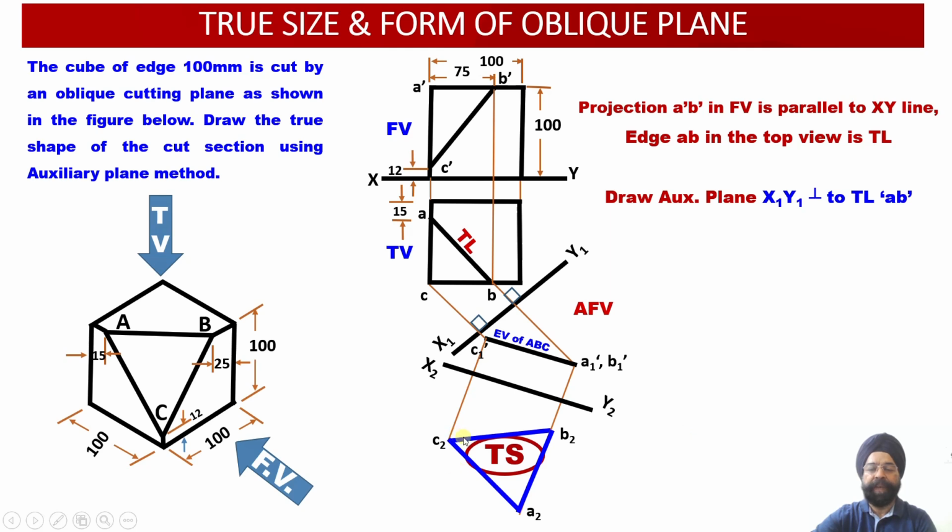Now I can measure the angles and the three edges of the cut section, and accordingly I will get the exact shape and exact size of this cut section ABC which appeared after the cutting was done by the cutting plane.